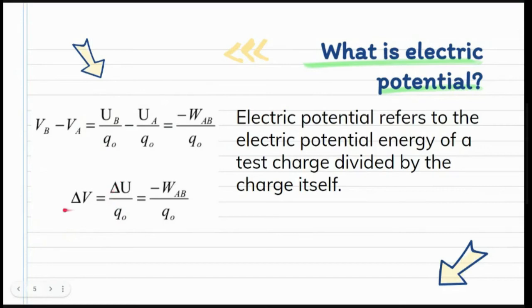So we have here delta V is equal to delta U. Now, what I want to do right now is to derive an equation that would simplify electric potential energy. And how do we do that one?